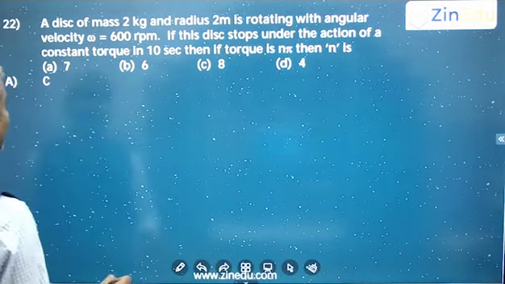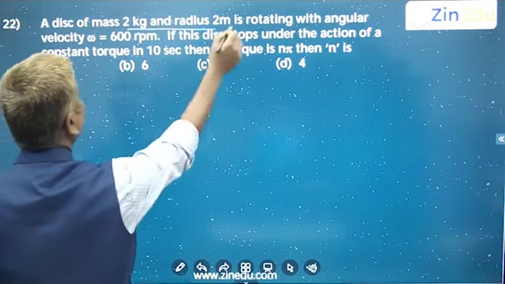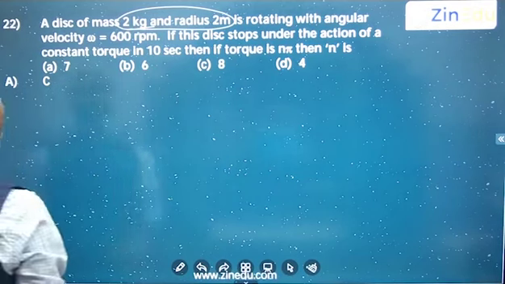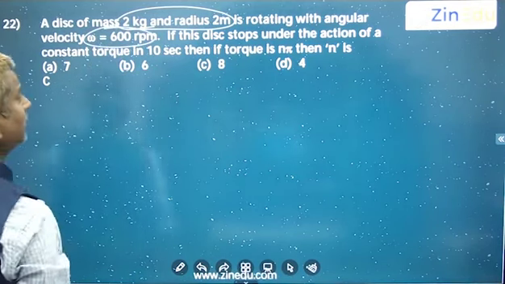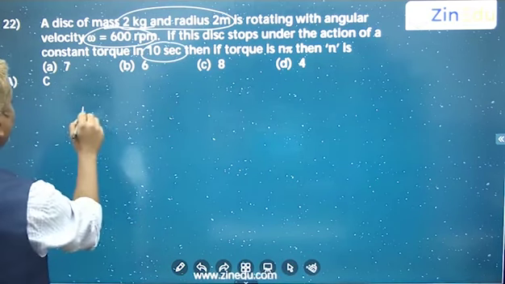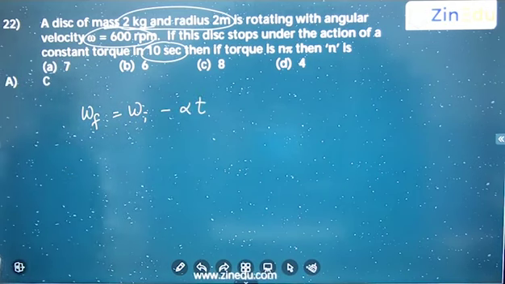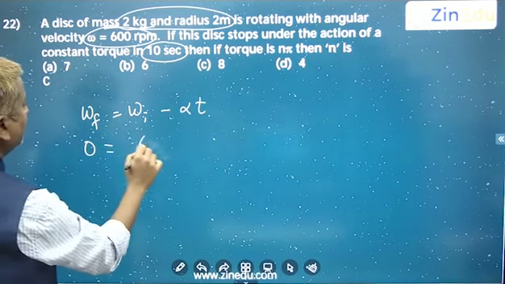So for that, first I will try to get the value for alpha. Mass is given, radius is given here. Initial angular velocity omega is given. Okay, it is stopping in 10 seconds. So omega final is equal to omega initial minus alpha into t, correct? Final omega is 0, initial omega is 600 rpm.